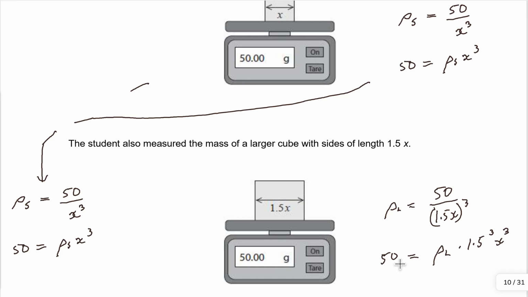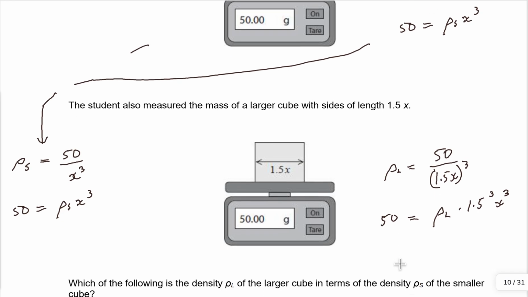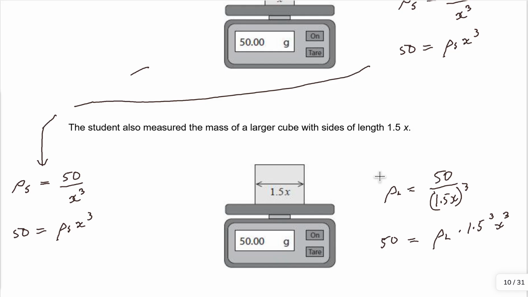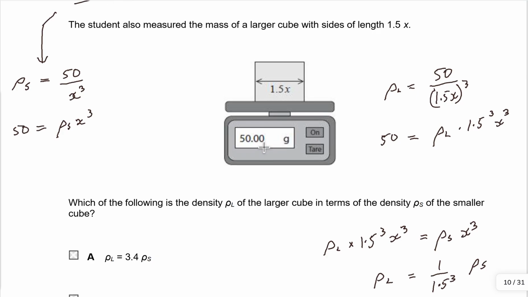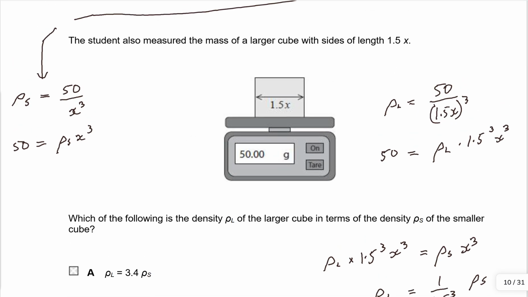And the easiest thing to look for that is common is the numbers. You could say x cubed and rearrange accordingly. However, this is another way of doing it. So we have this for your small cube, this from your large cube, and we are going to equate them because they are both equal to 50.